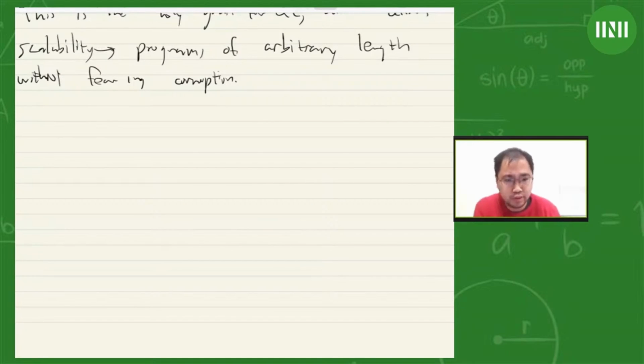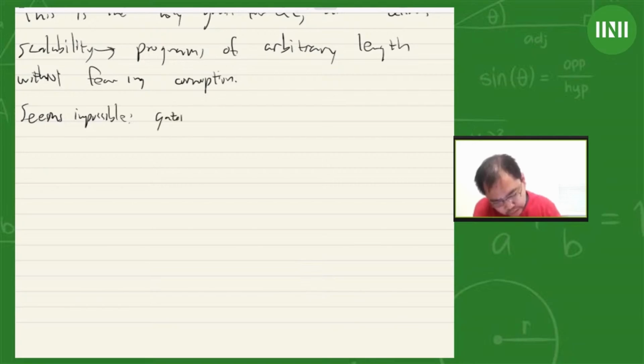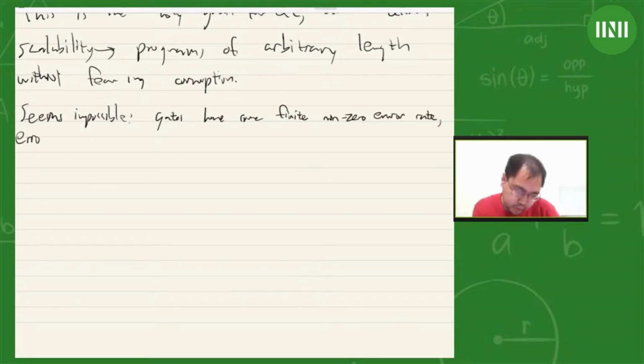So at first, this seems impossible. Your individual gates have some finite non-zero error rate. And errors accumulate multiplicatively.